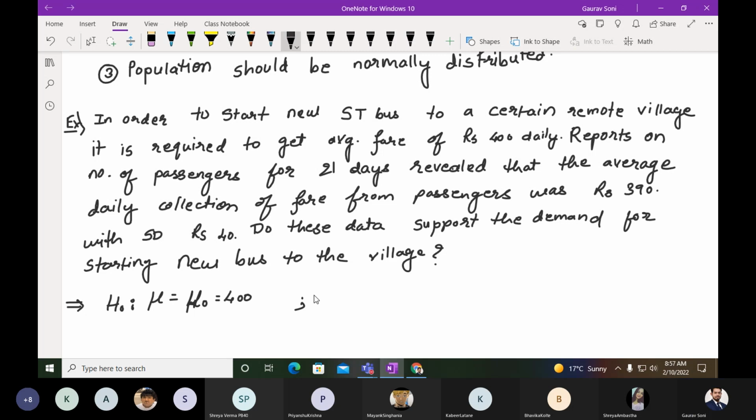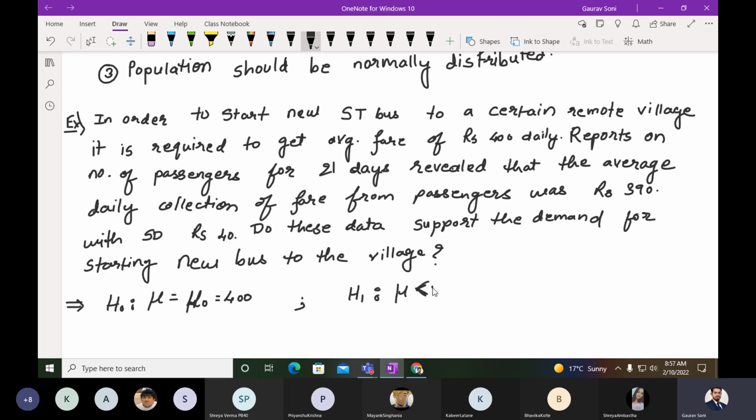And the alternative hypothesis, what should it be? That mu is less than 400. Look, if it is greater than 400, it is still accepted. Remember that.